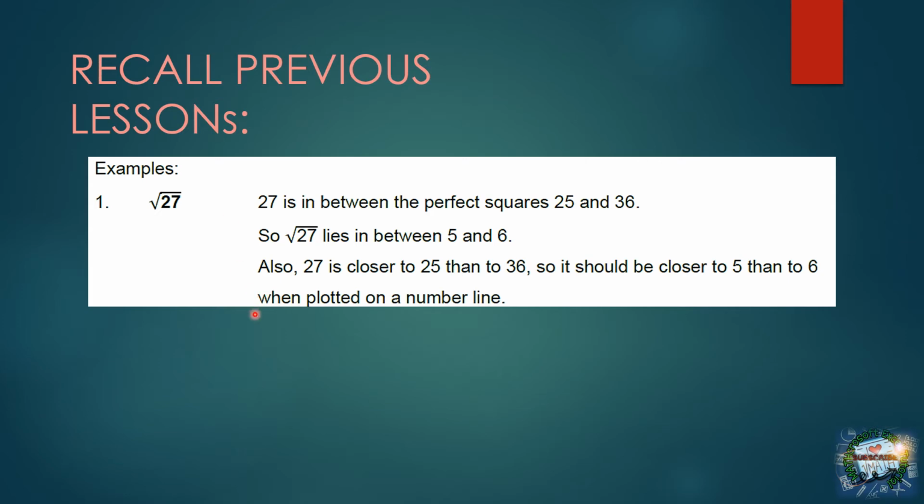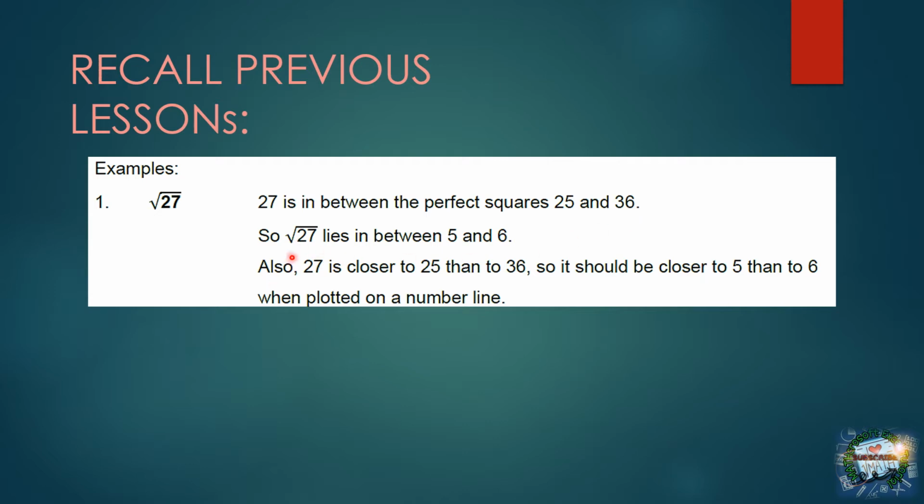So, next one is the square roots. Square roots that are rational and square roots that are irrational numbers. Napag-aralan na rin natin to. Gaya nito, example natin, square root of 27. Alam naman natin na yung 27 is between the perfect squares 25 and 36.